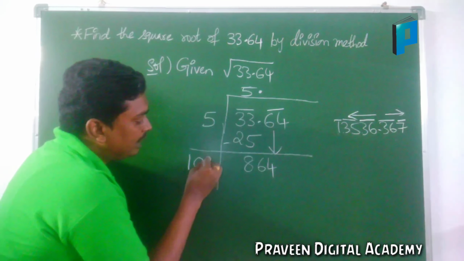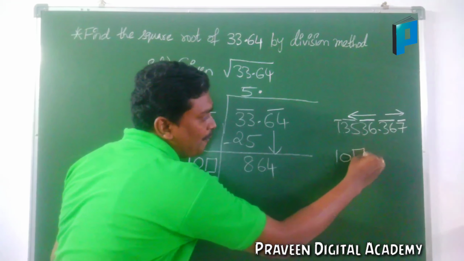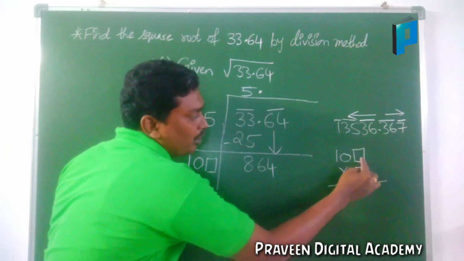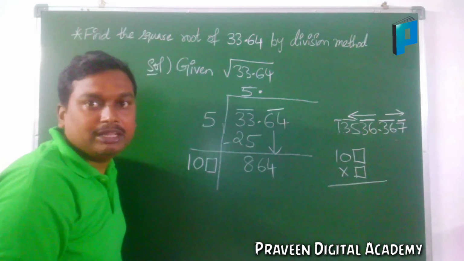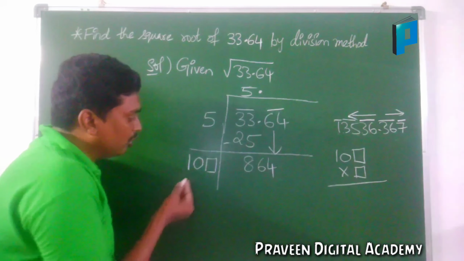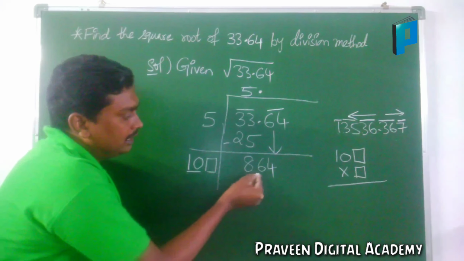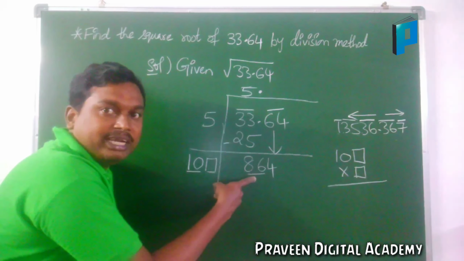10, after that you take a box. Here you got 10 box into box. Whatever the number we will keep in the box, the same number you should keep in the down box also. See here, you are having here 10. Here you are having here 86. 10 how many times 86?